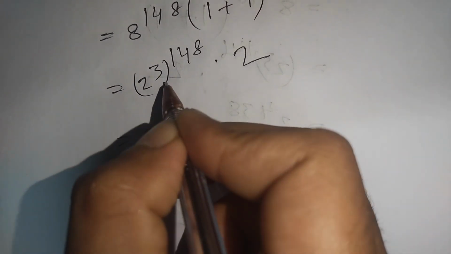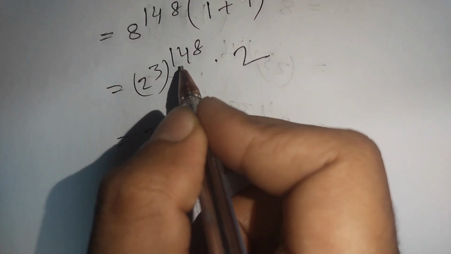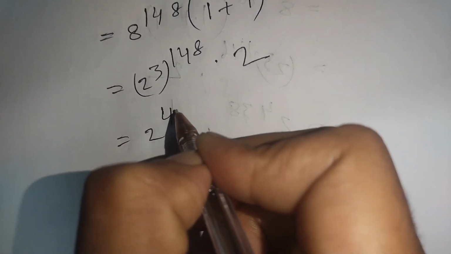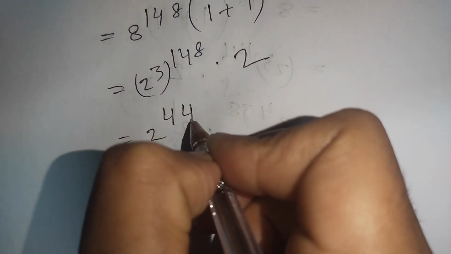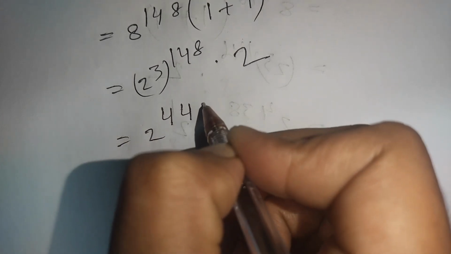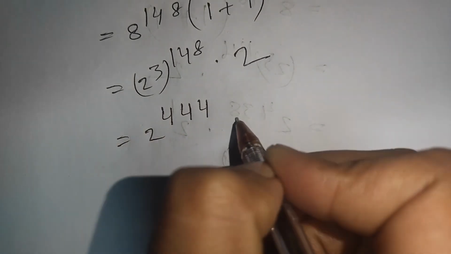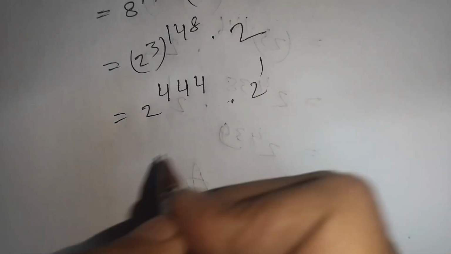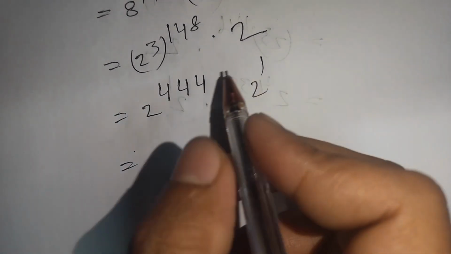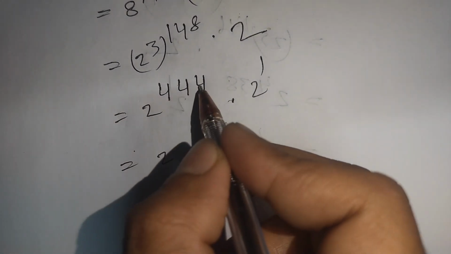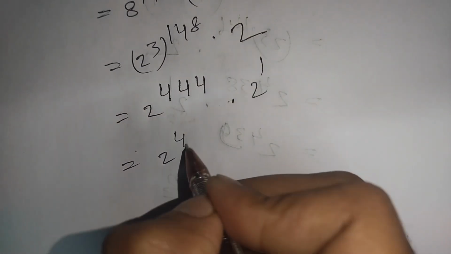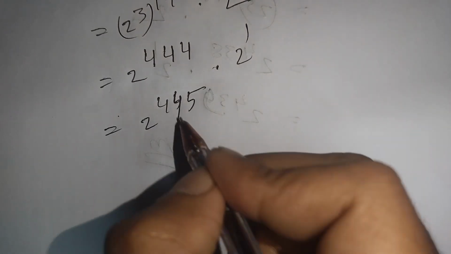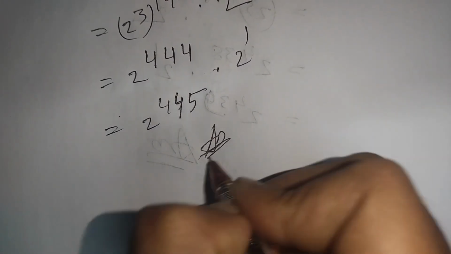Now 2 to the power 3 times 148 is the same as 2 to the power 444, times 2 is the same as 2 to the power 1. Now we see that it is the same base but different powers, so we can write it 2 to the power 444 plus 1, that means 445. So 2 to the power 445 is the correct answer.